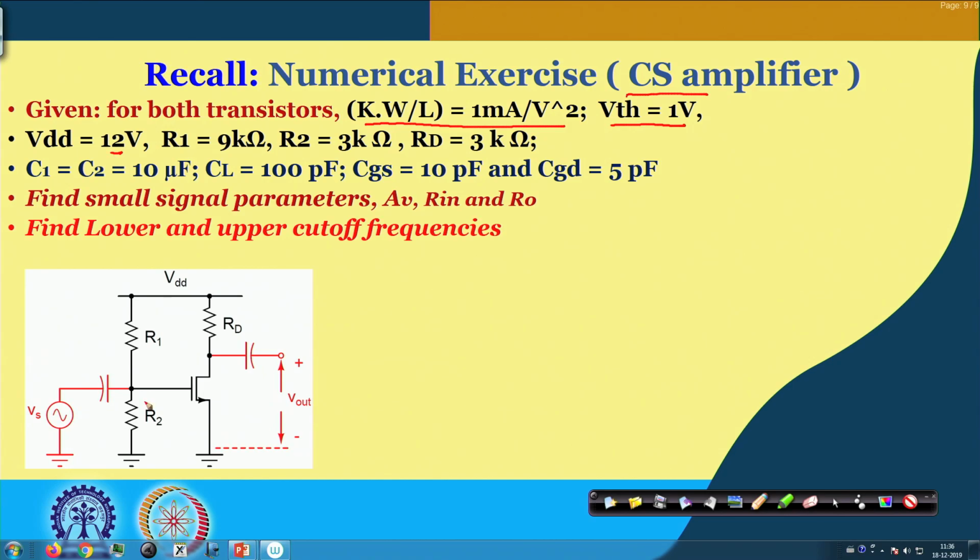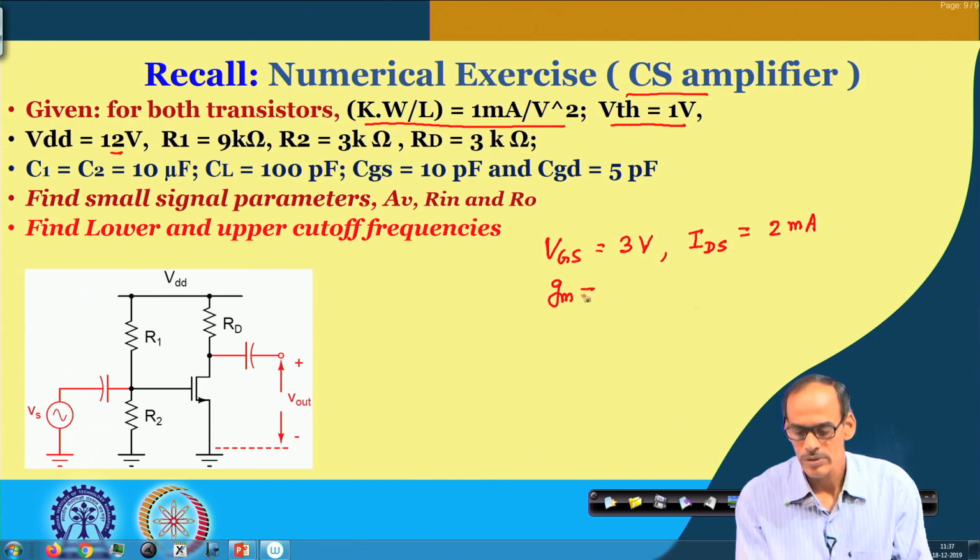We have seen that using this information we obtain VGS equals 3 volt, and then IDS was 2 milliampere, and the corresponding small signal parameter gm was 2 milliampere per volt.